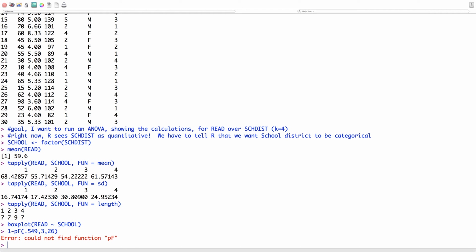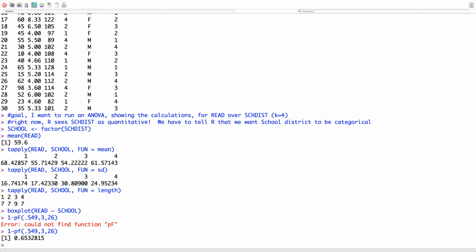Oh, that's just lovely. Oh, okay. There we go. So, guys, make a note to self. Don't use a capital F. Use a small f. So, guys, the area to the right of 0.549 is going to be 0.65.